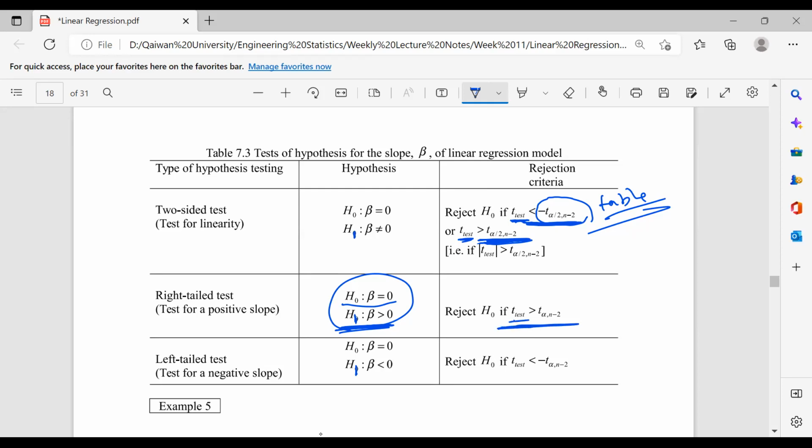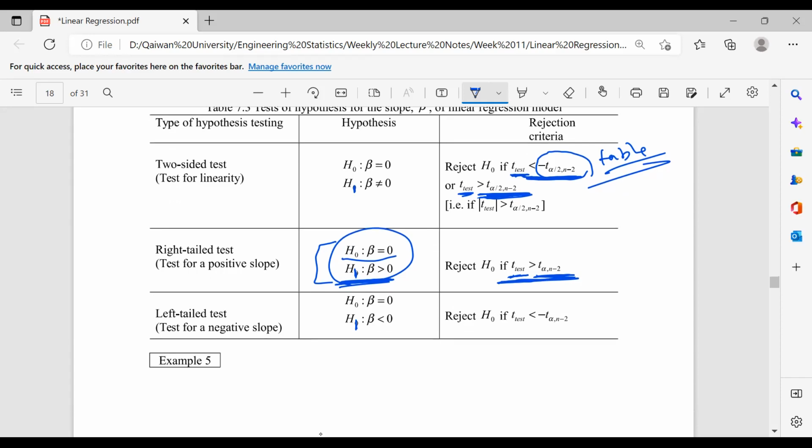We say if the t-test is greater than t of alpha and n minus 2, here we reject H0. That's the case if H0 is beta equals 0 and H1 is beta greater than 0.